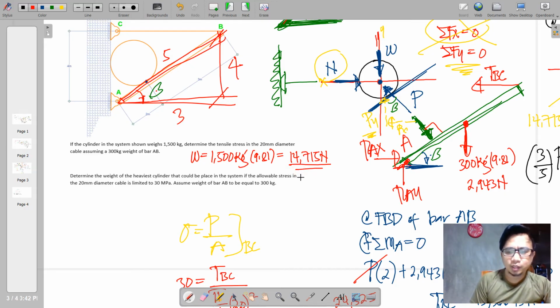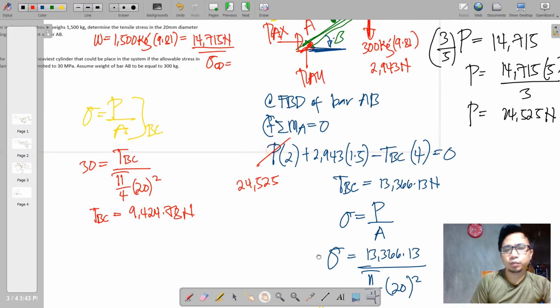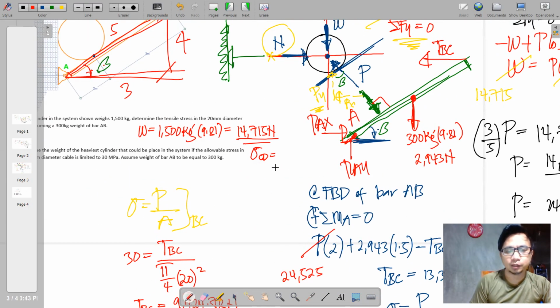So with this weight, it has a corresponding stress on the cable. The direct effect is on the cable. So the computed sigma for CD is 42.55 megapascals.